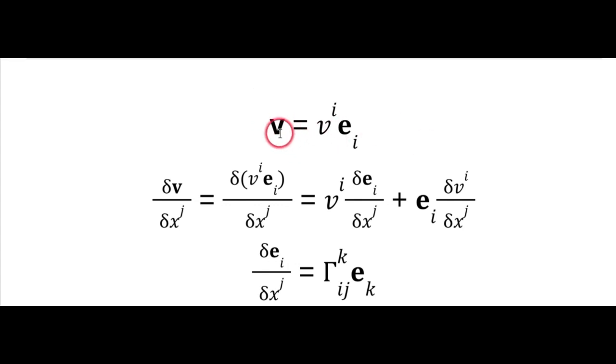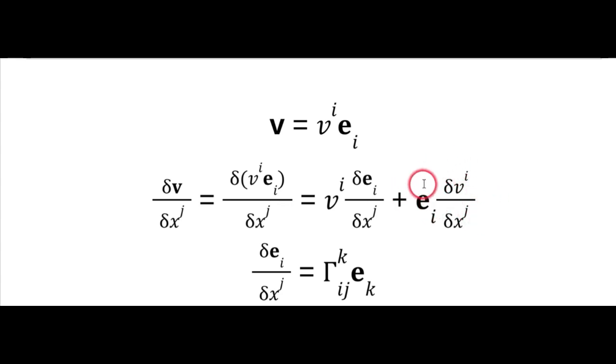So we've got a vector, which is expressed as a linear combination of its components and basis vectors. We've got contravariant components and covariant basis vectors. We want to take the derivative of that vector with respect to a coordinate. So we use the product rule. We get the first times the derivative of the second plus the second times the derivative of the first.